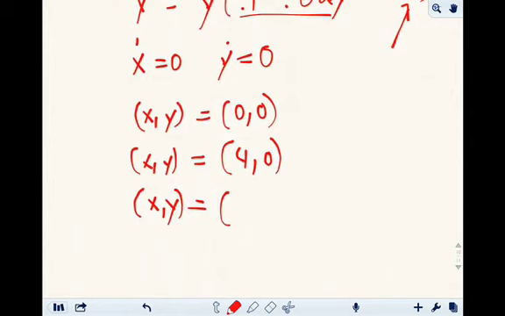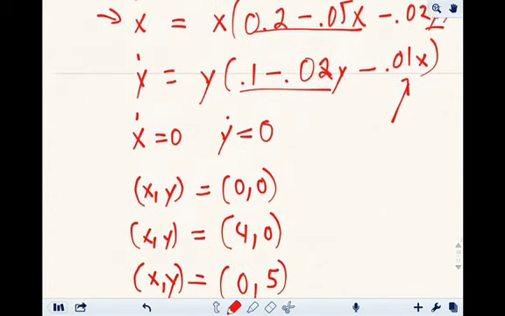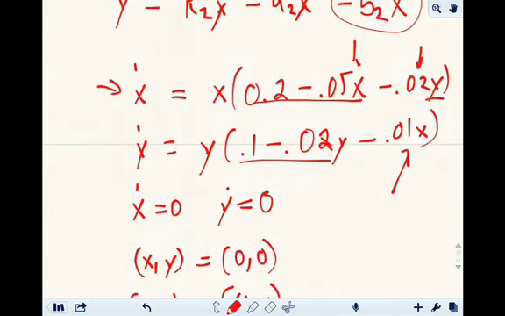And the last one requires solving two linear equations in X and Y. Basically, solving for the stuff in parentheses equals 0 in both equations is a system of two linear equations.